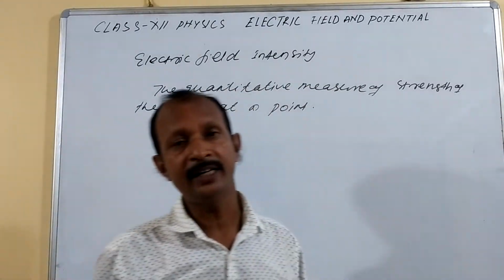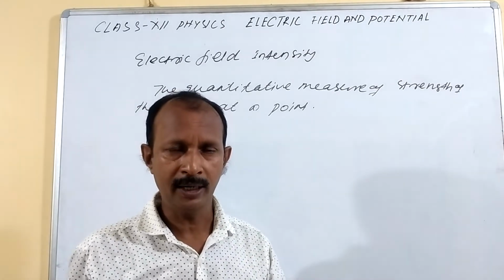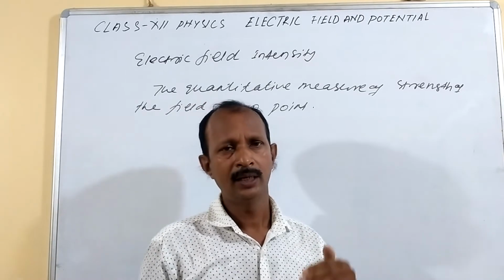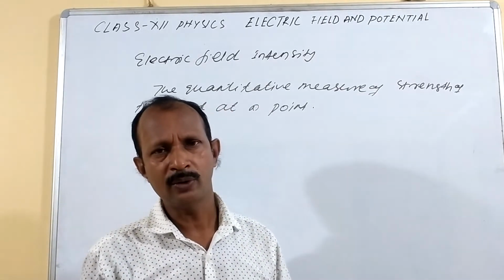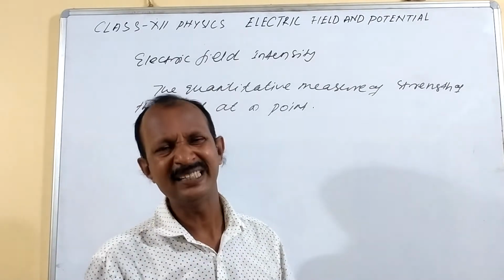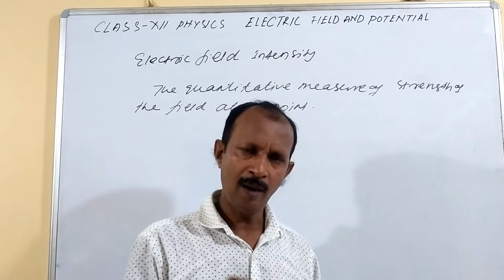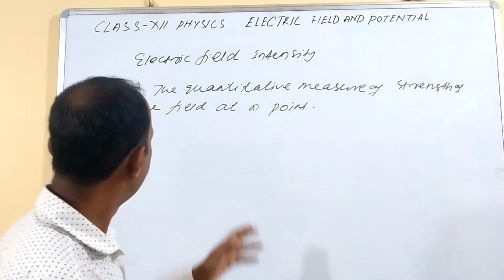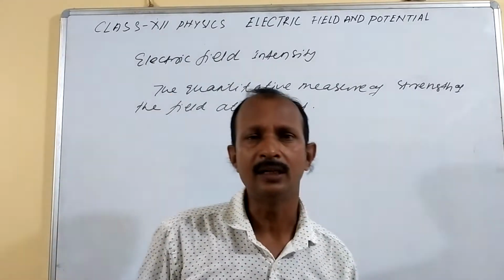Then how can I define it? I said that a charged particle or a system of charges creates an electric field. The field at every point has a direction as well as a magnitude. That means it has a strength. The strength of the electric field at a point is called the electric field intensity.